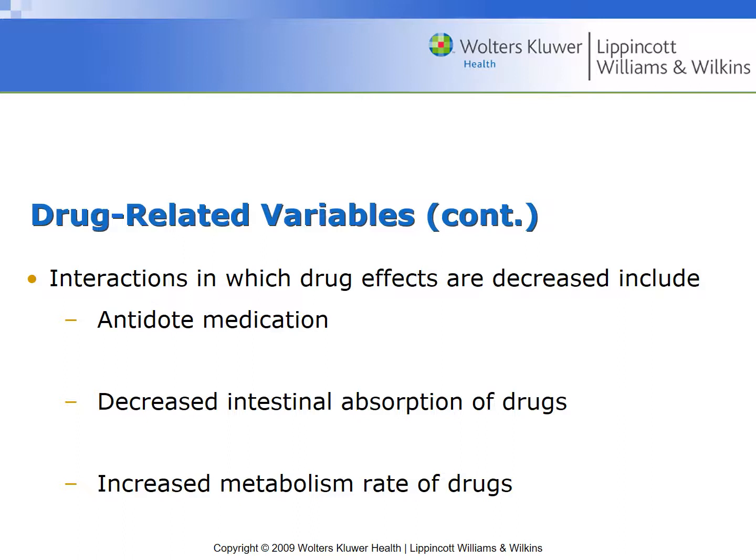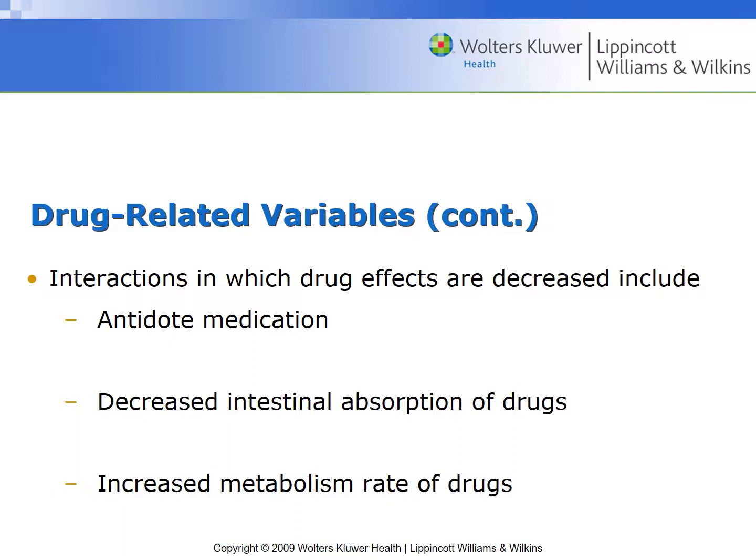Continuing on with drug-drug interactions, we can have interactions where drug effects are decreased, including antidote medications. Now, antidote medications are really important when we suspect a toxicity of a medication. So antidote medications are used when we have too much of a drug. It's an antagonist.